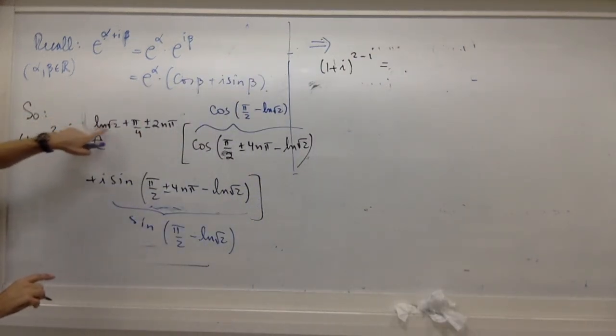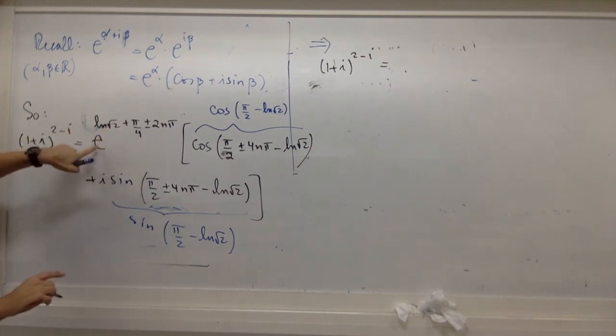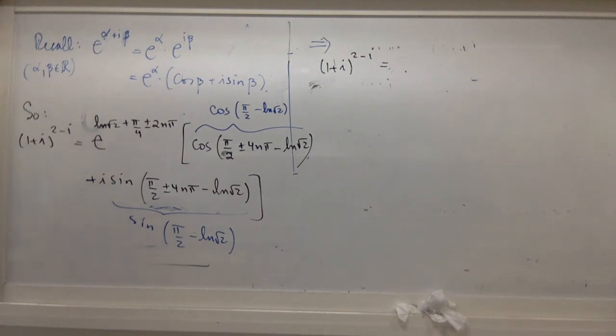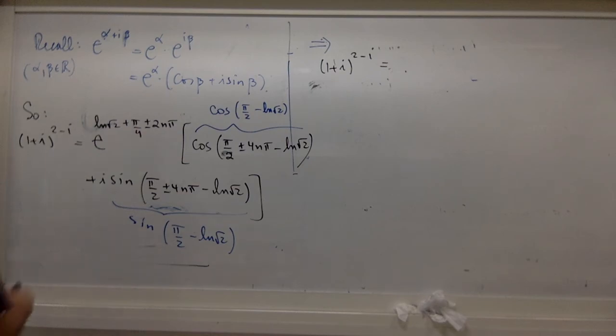The exponential of the ln of square root of 2 is nothing else but square root of 2 there. So you can work out this part as well. Guys, I think it was 2 here.